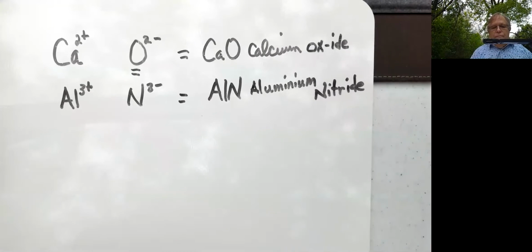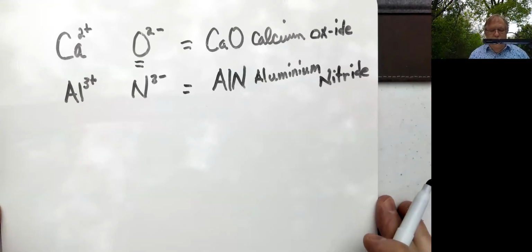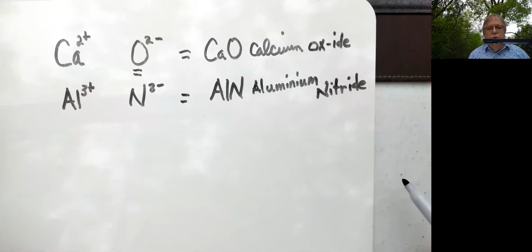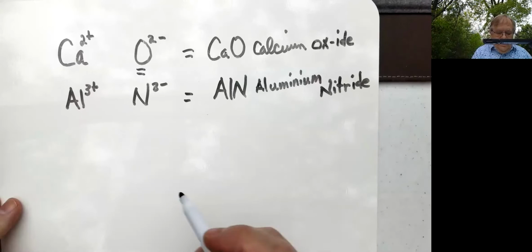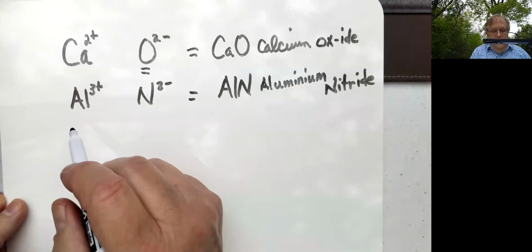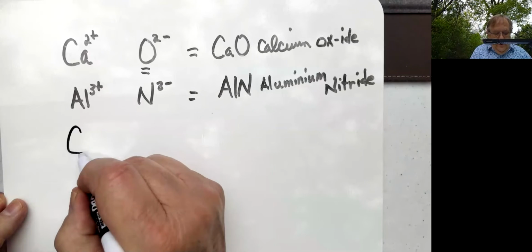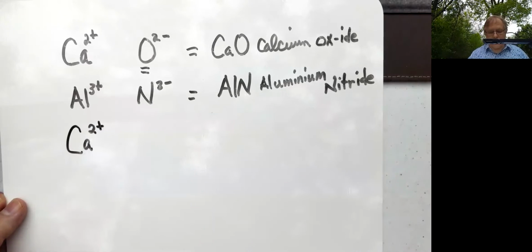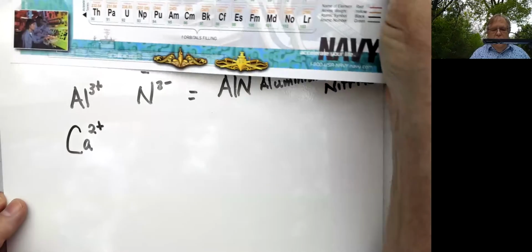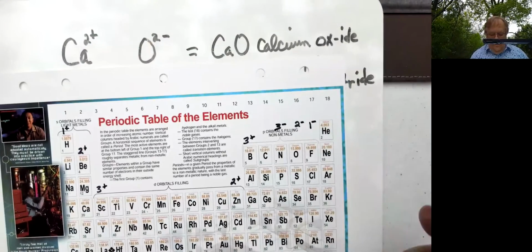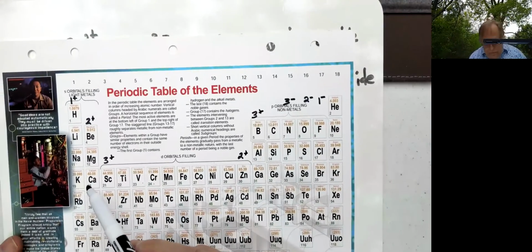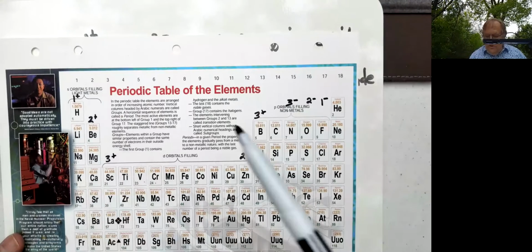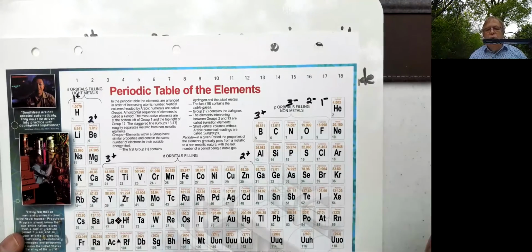All right. So these have worked really nicely because we have one atom of each, but sometimes things get a little bit more complicated. For instance, what if we had calcium, which is +2, and chlorine, which is -1?